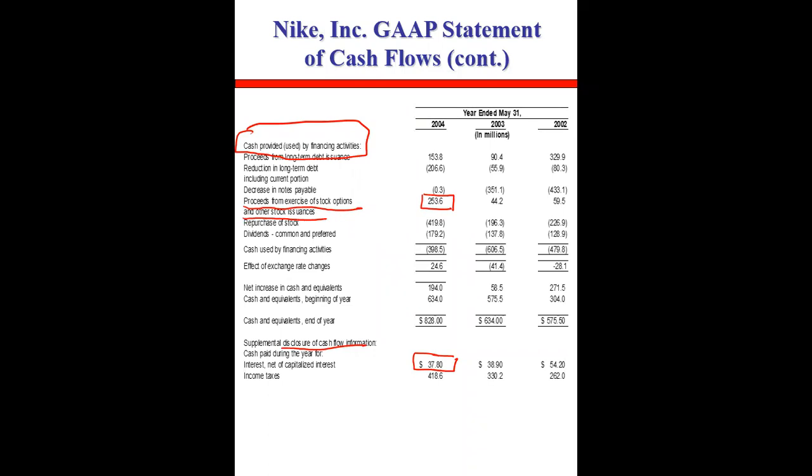Have we received cash from the equity providers or have we paid cash to the equity providers? We have received cash from the equity providers, right? So if we have received cash from the equity providers, should we subtract this amount or should we add this amount?